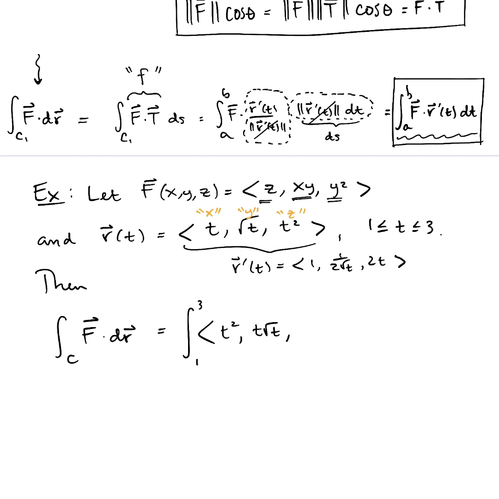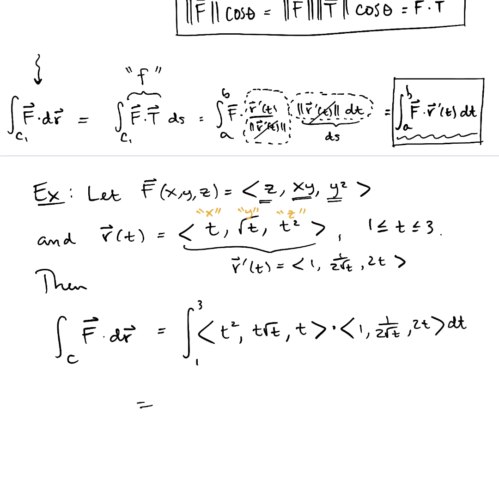The last coordinate is y squared, where the role of y is being played by root t. So that's F evaluated at spots on the curve, parametrized by t. Now you have to dot that with r prime, 1 over 2 root t, 1, 2t, and integrate the thing, dt.